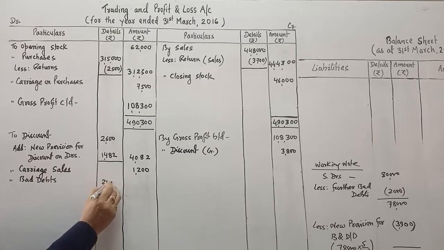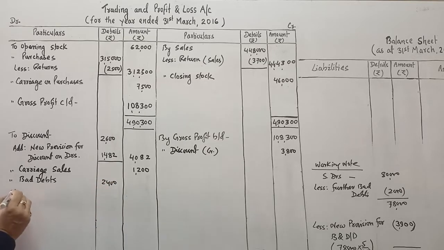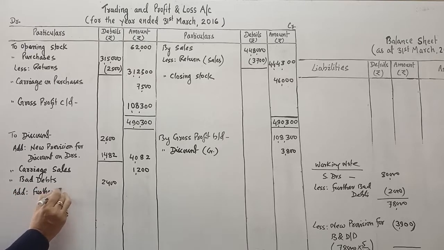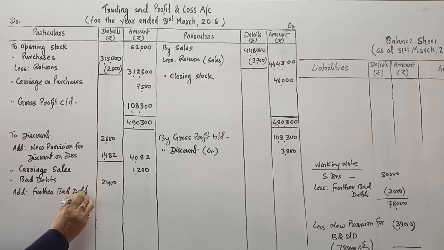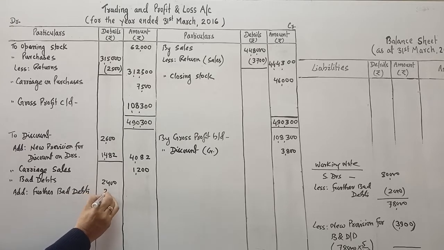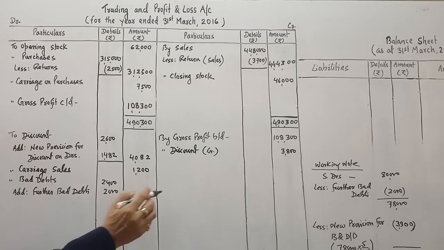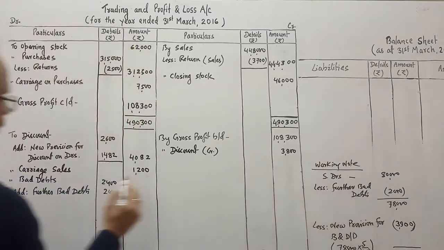To this bad debts we will add further bad debts, which is given in adjustment number 4. Further bad debts means additional bad debts, that is 2000.